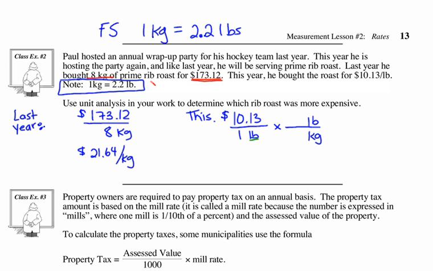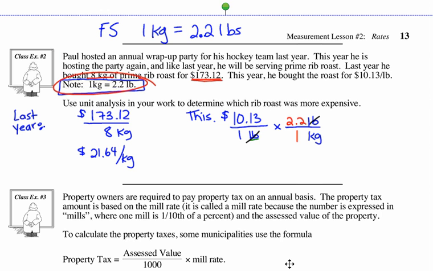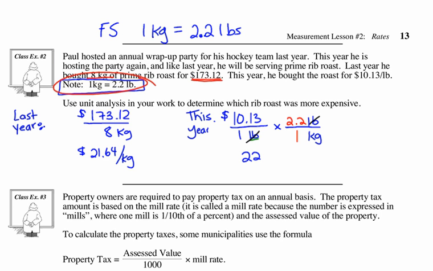It's given above. 1 kilogram is 2.2 pounds. And so here we go. Our pounds are going to cancel. Let's type this into our calculator. 10.13 times 2.2. Let's round it off: 22.29. And so this year, it's costing $22.29 per kilogram.